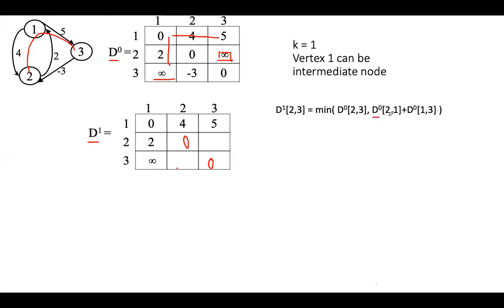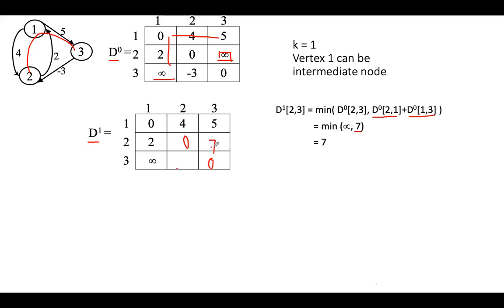Okay, D naught of 2 to 1 plus D naught of 1 to 3. So this is 7. Minimum of D naught of 2 to 3, previously it was infinite, infinite comma 7. So among 7 and infinite, the minimum value is nothing but 7. So this distance is 7.